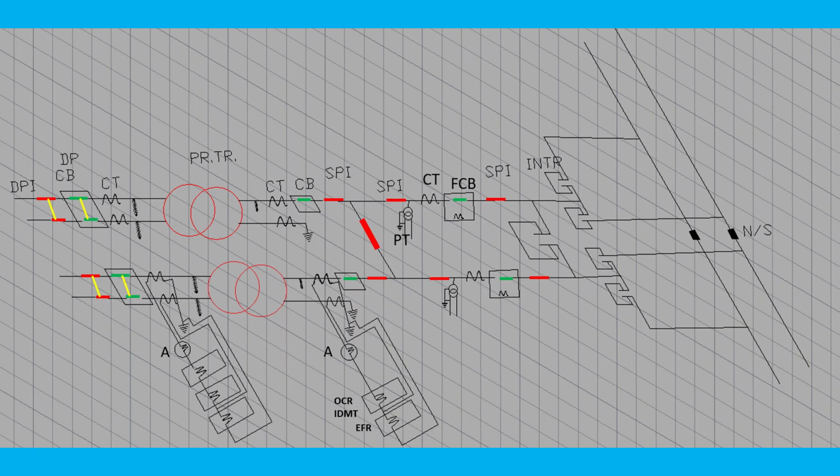So try to understand this difference between CB and interrupter. CB is associated with relays. These relays help to open it automatically during a fault or any unusual occurrence.